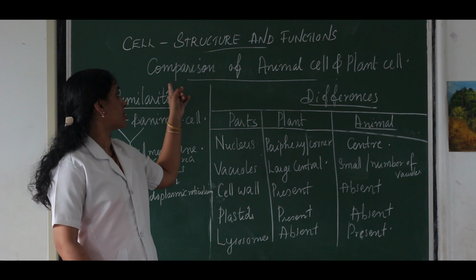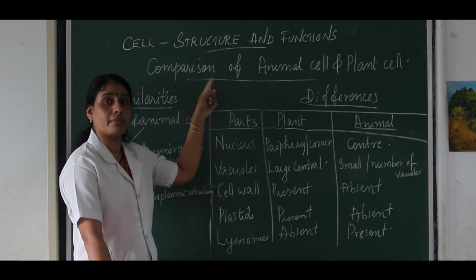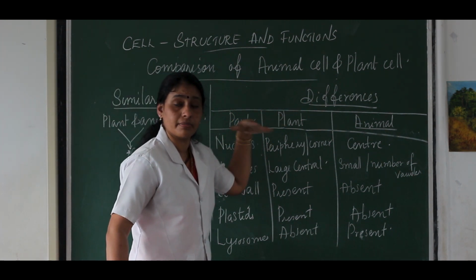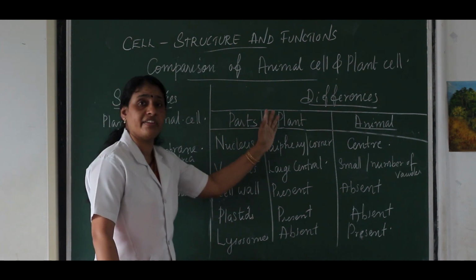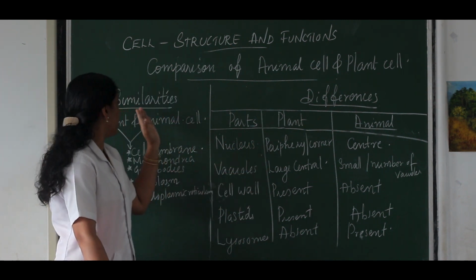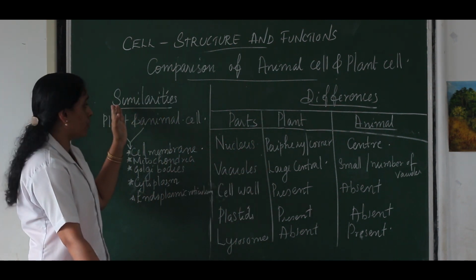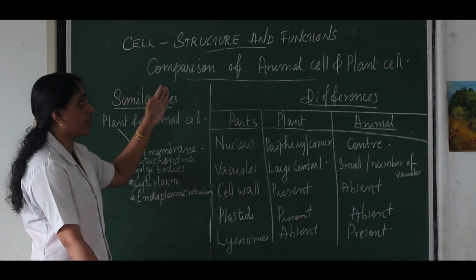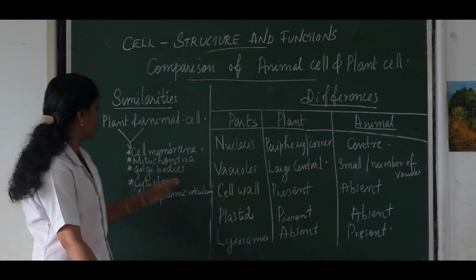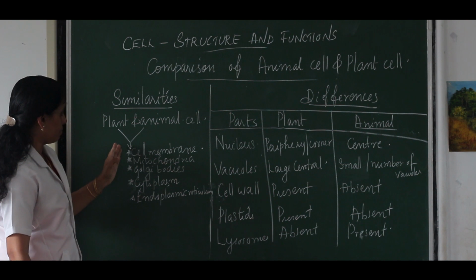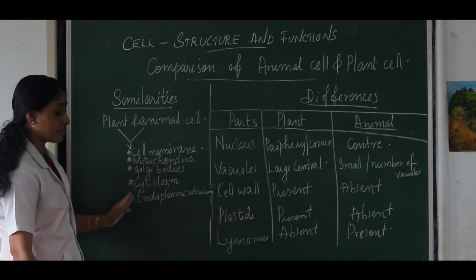Now we can discuss the comparison of animal cell and plant cell. There are some similarities and also differences. First, the similarities. Here I wrote cell membrane, mitochondria, Golgi bodies, cytoplasm, endoplasmic reticulum.